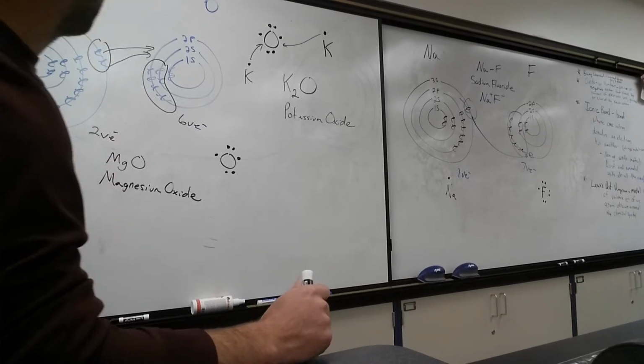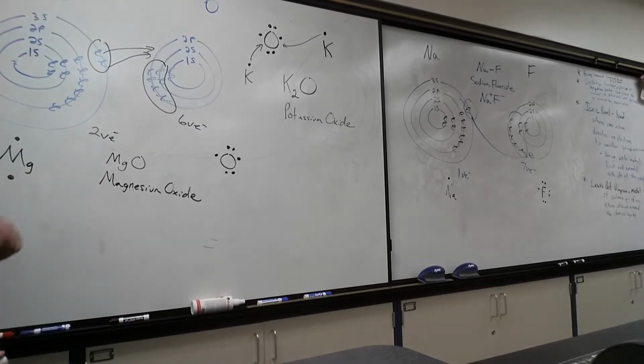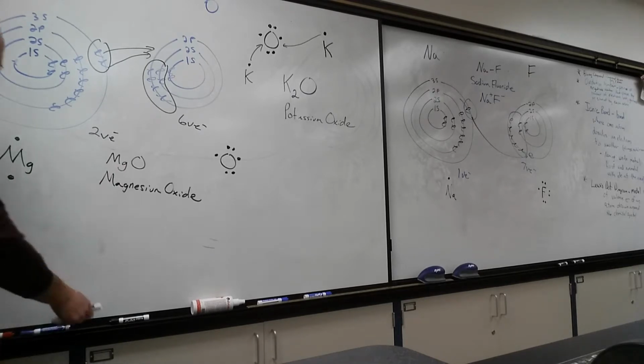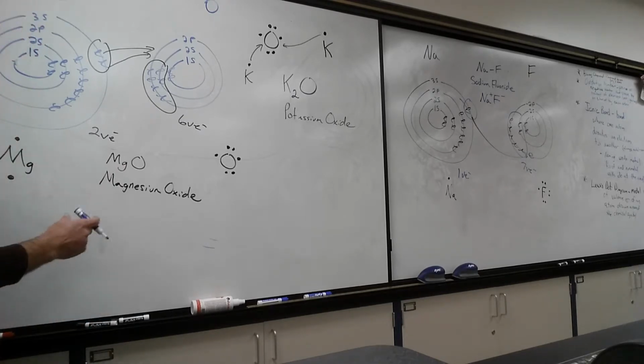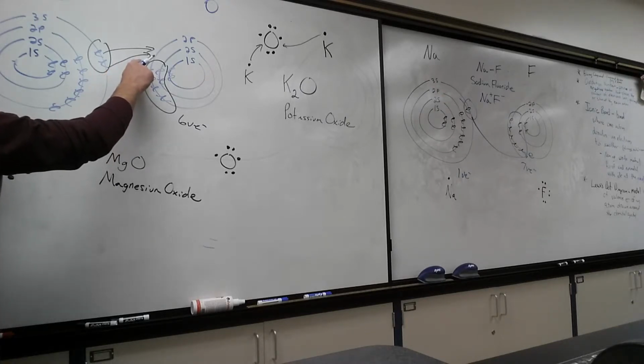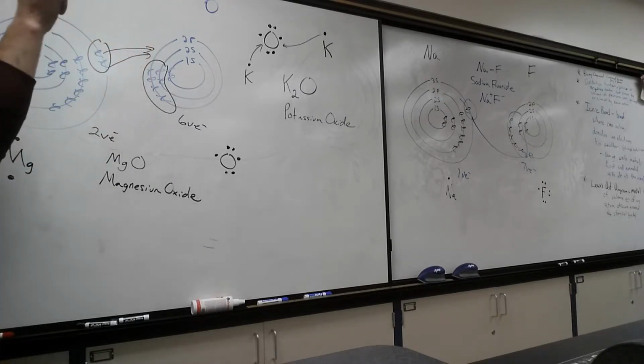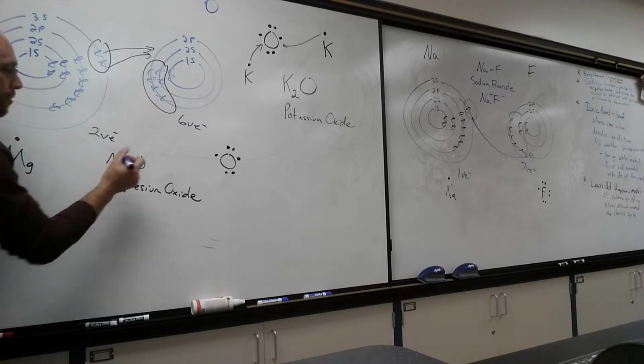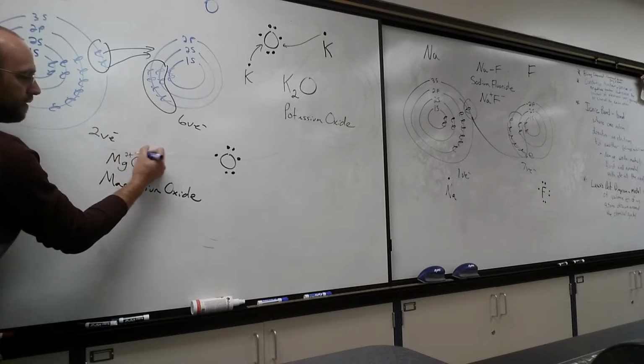Now look at magnesium oxide, MgO over here. Magnesium did what? Lost 2 electrons, so losing a negative makes it 2 plus.